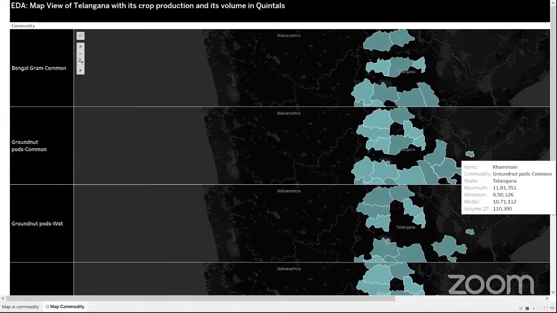APMCs are marketplaces, and that is why you'll find a few empty spots in the data. These are nothing but the marketplaces that we have all over Telangana. It would give us the details about commodity, the state, the maximum pricing value, the minimum pricing value, the modal price, and volume, and everything is in summation. So this is a map view of Telangana with its crop production and its volume in quintals.